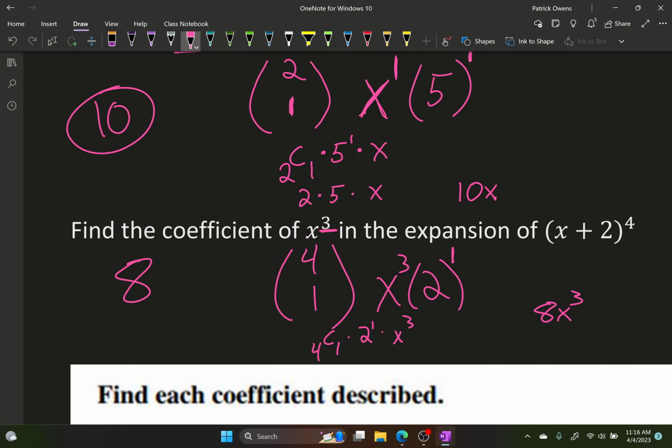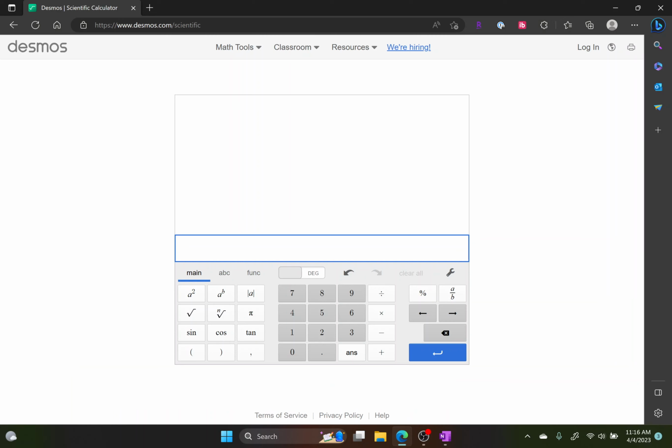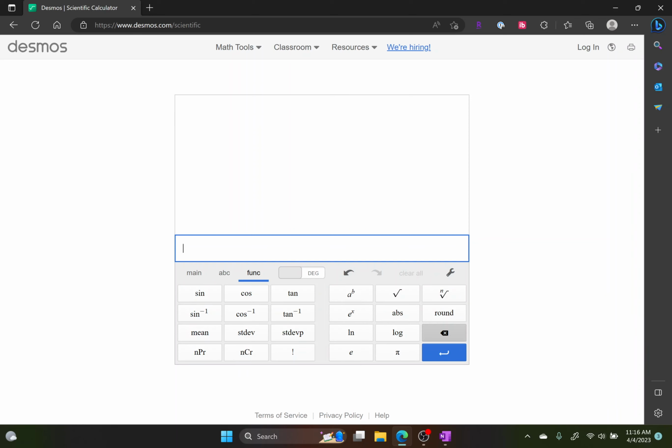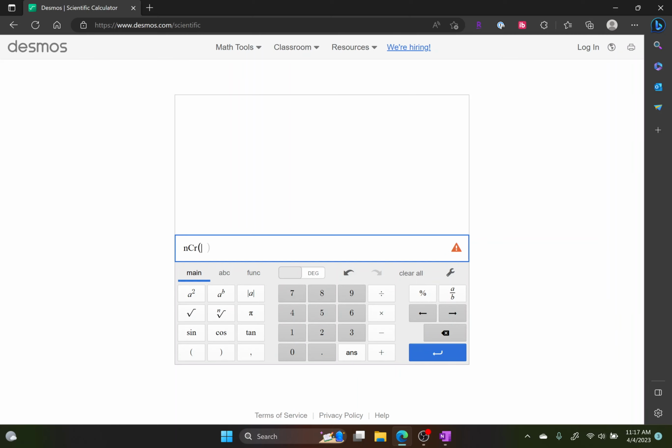One is to use our calculation device, whether that's a TI device or Desmos. So if you're using Desmos, go to the scientific calculator, not the graphing calculator. Go over to the function menu here in the middle, and then go to NCR. In this case, you will have to put in our n first, then a comma.